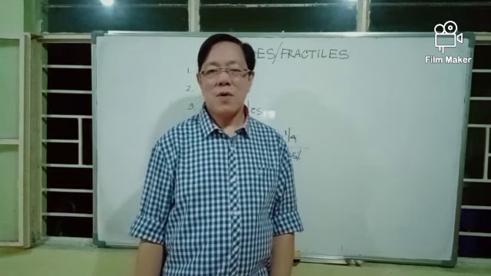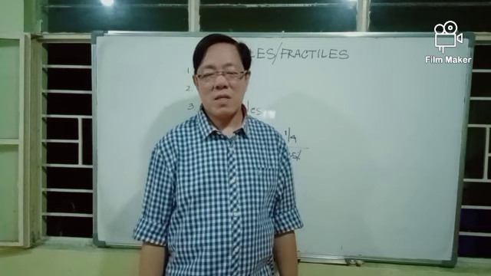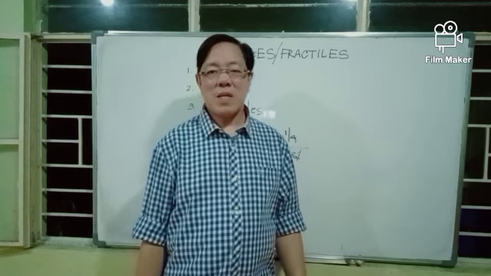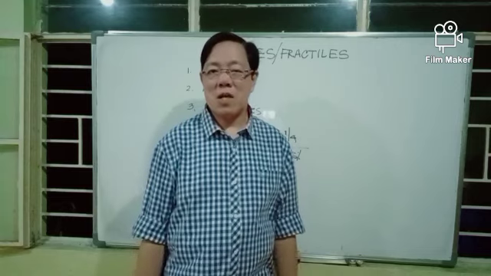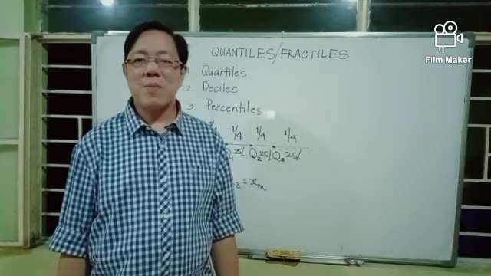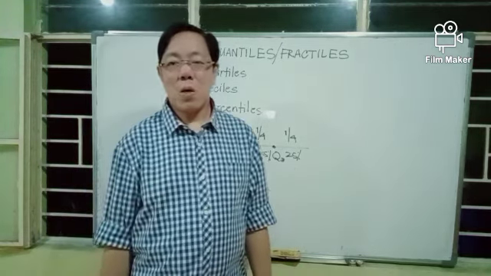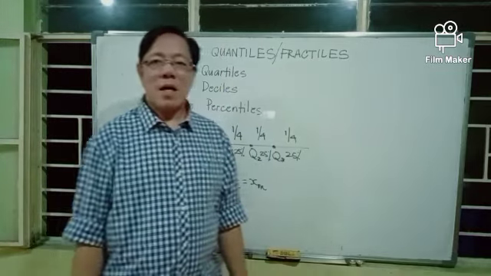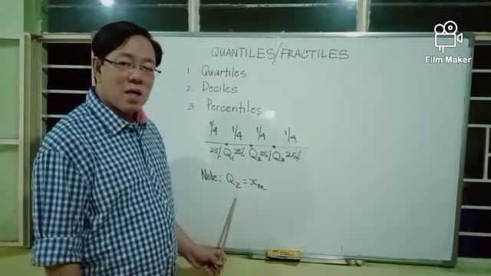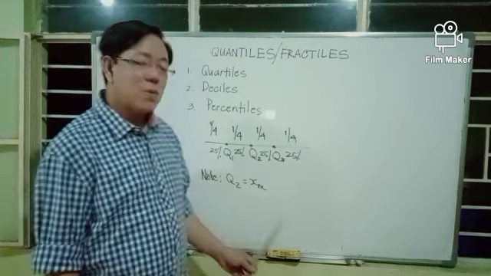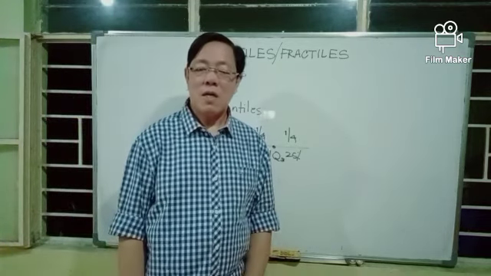And for an even set of measurements, exactly 50% are above the median and exactly 50% are below the median. And that's why the second quartile is equal to the median.